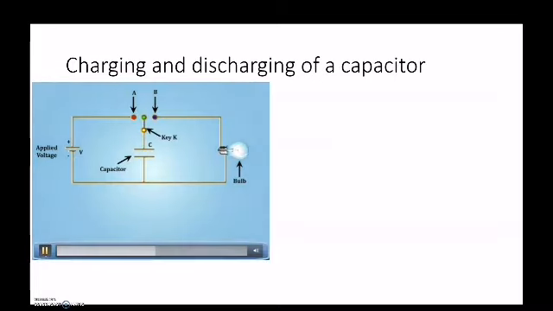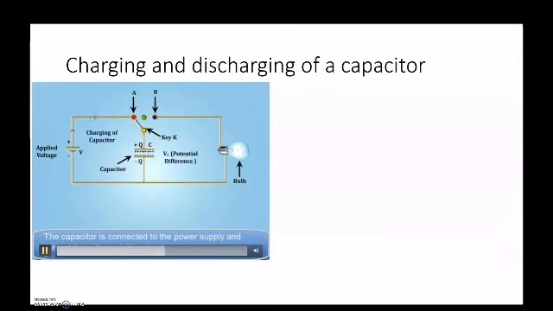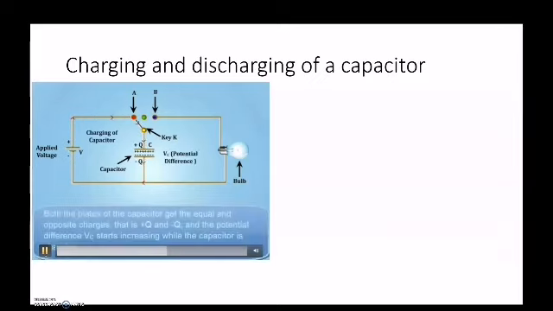When we connect the key K in position A, the capacitor is connected to the power supply and current flows through the circuit. Both the plates of the capacitor get equal and opposite charges, that is, plus Q and minus Q, and the potential difference Vc starts increasing while the capacitor is charging.